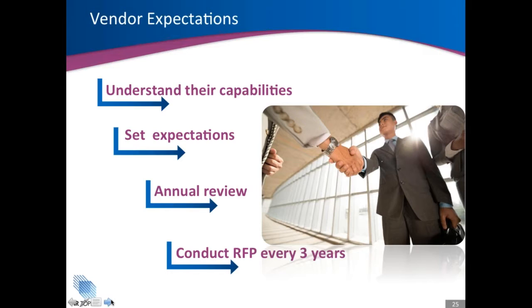But you want to conduct a full request for proposal every 3 years on your HR vendors because you want to be able to see what others in the marketplace are offering, make sure that the pricing you're paying is still in fact a fair price for the service, and most importantly, I think, just hear what other advancements different vendors are making out in the market. You may find that your own vendor can do exactly the same thing. You just never asked and they didn't bring it up to the table.